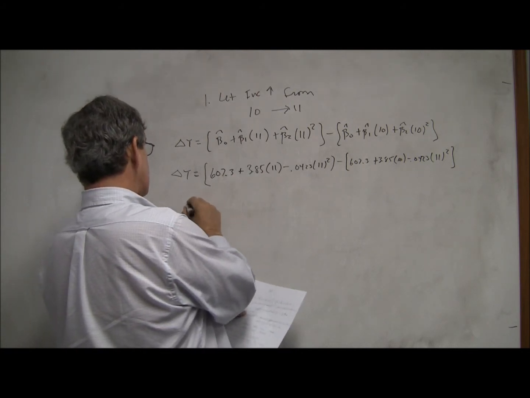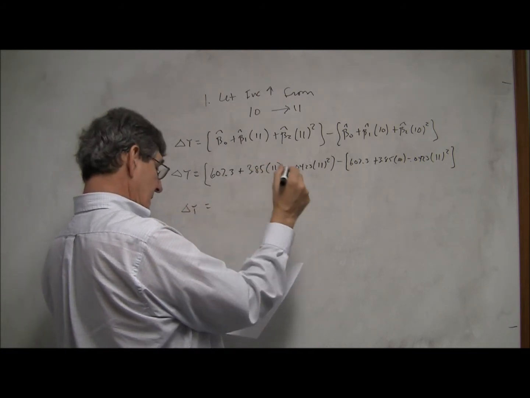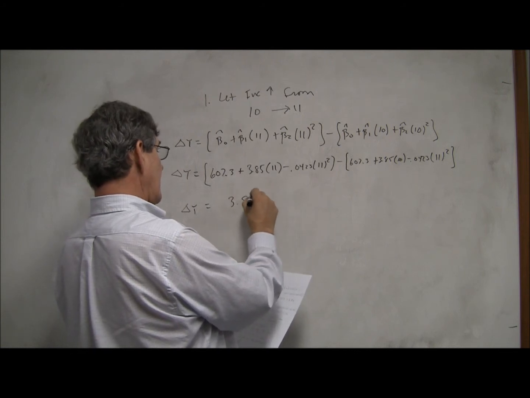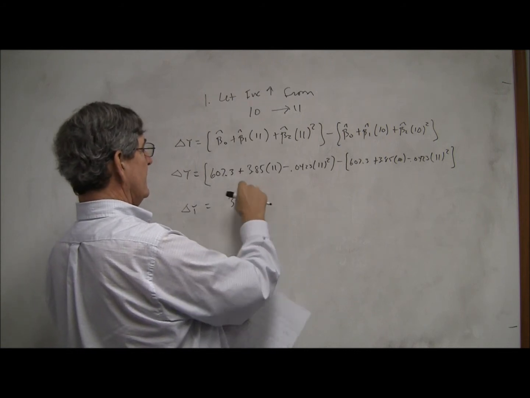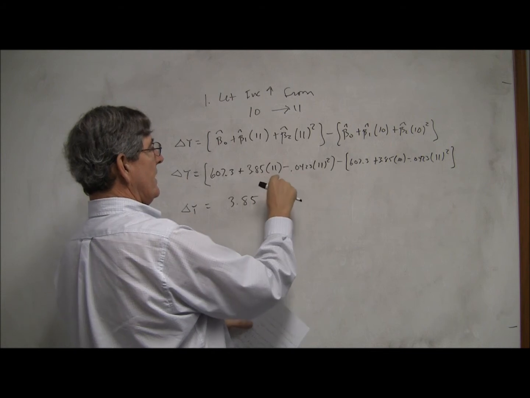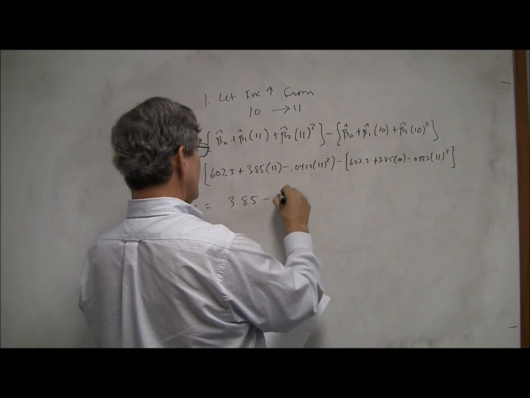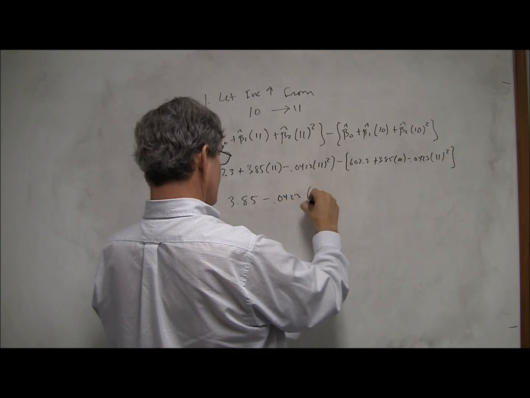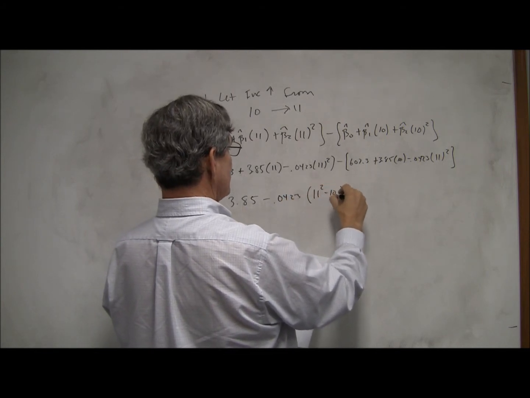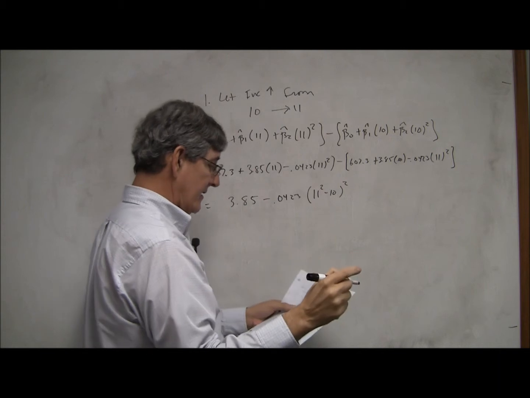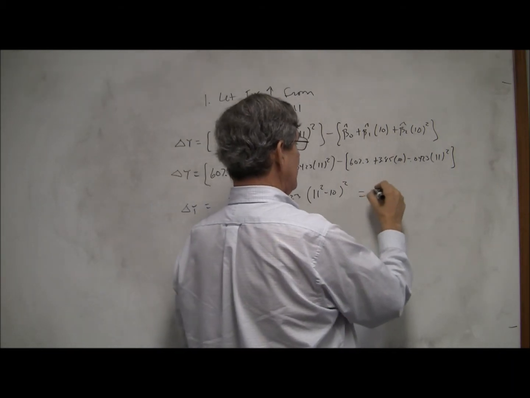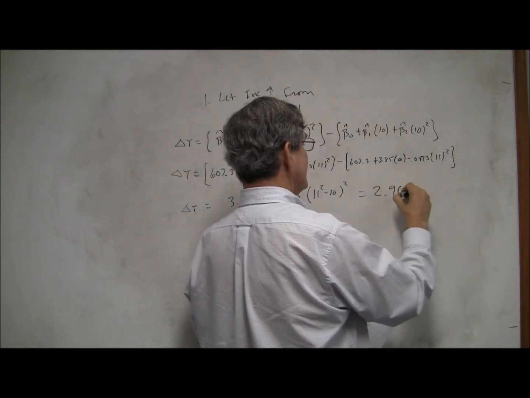And if you do this, then the change in y is going to be 3.85. Those cancel. You get 3.85 times 11 minus 10, which is 3.85, minus 0.0423 times 11 squared minus 10 squared, 121 minus 100. And that turns out to be 2.96.